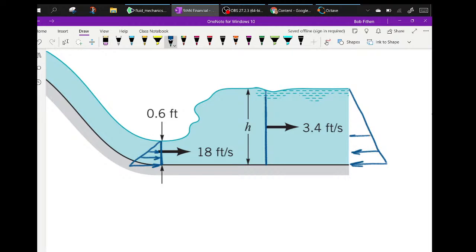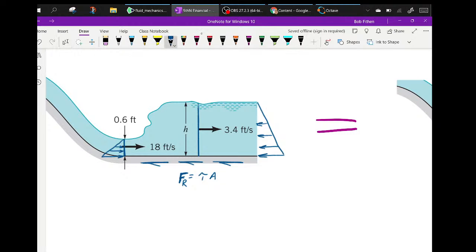So here are our forces in the x direction. Now I also have a shear force here. This force would be equal to the shear force, whatever it is, times the area down there. But I'm just going to call it the retarding force, or FR, what the force would be on the fluid in order to make this thing operate the way it is.